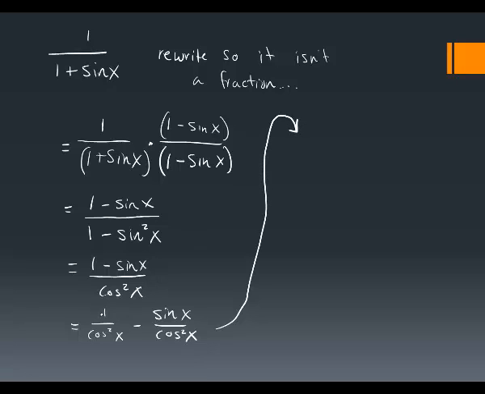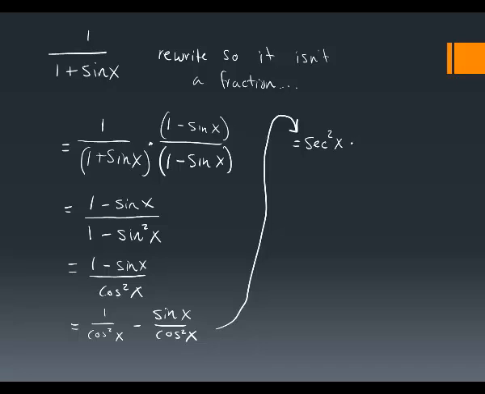And we know that 1 over cosine squared x actually leads to something that is pretty nice. We get 1 over cosine squared x equaling cosecant, or excuse me, secant squared x. So this equals secant squared x.